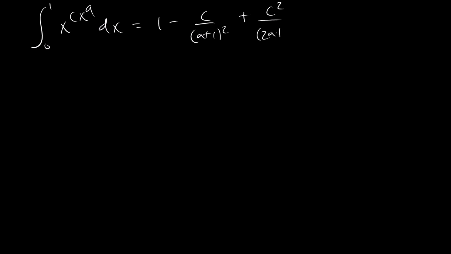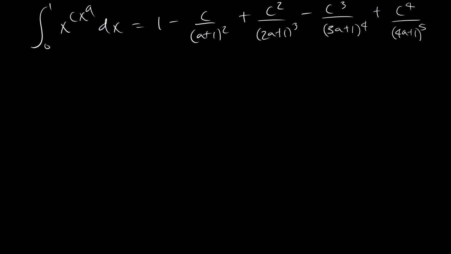What if, obviously bearing in mind that we still have x to the cx a being equal to 1 minus c over a plus 1 squared plus c squared over 2a plus 1 cubed minus c cubed over 3a plus 1 to the 4 plus c to the power 4 over 4a plus 1 to the power 5.